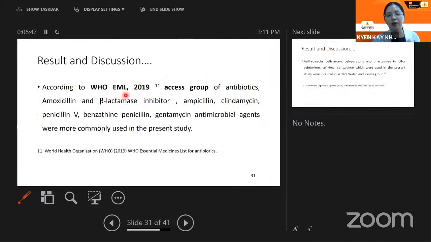According to the WHO Essential Medicine List, Access group antibiotics such as amoxicillin, beta-lactam inhibitor, ampicillin, clindamycin, penicillin V, benzathine penicillin, and gentamicin were most commonly used in the present study.